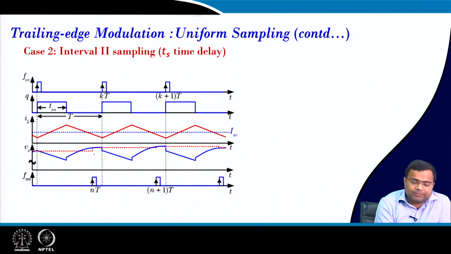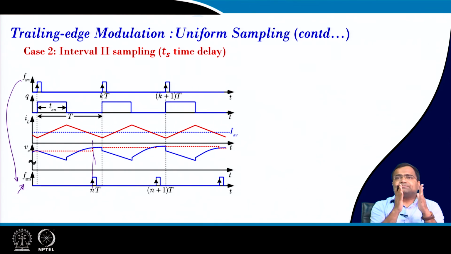Before the switch turns off, we should introduce a delay, and this delay can be easily inserted in your HDL code, because you will have a fixed time period. You have to create this sampling clock, and you need to create a phase shift, a time shift, with respect to the switching clock, and then you can just send the command.